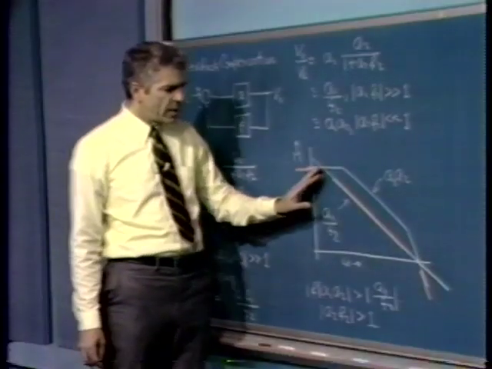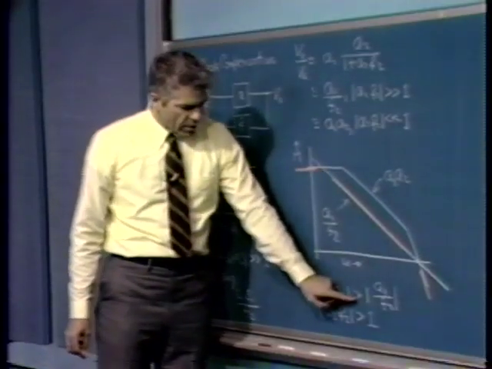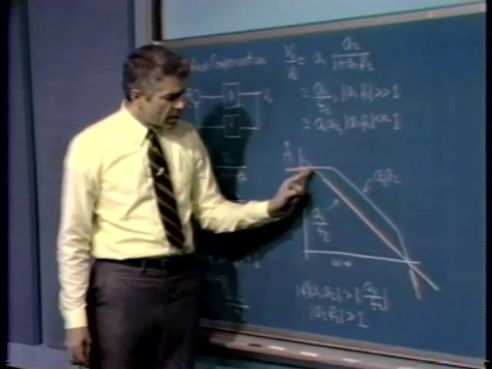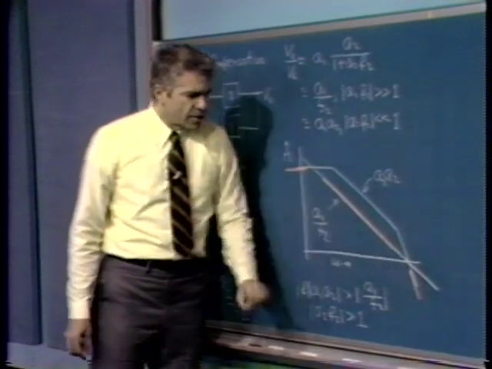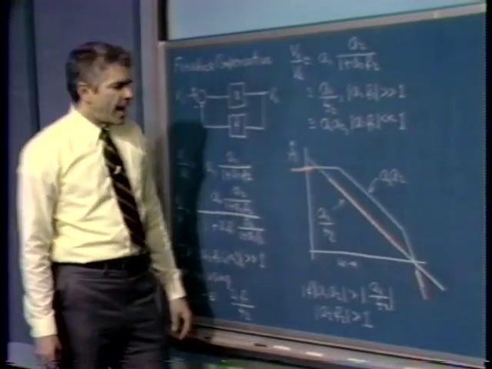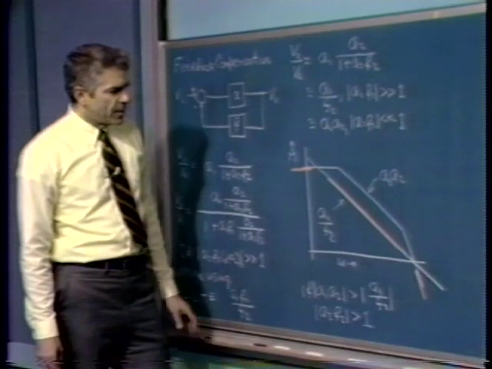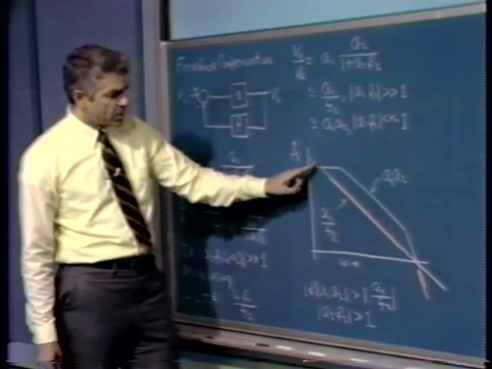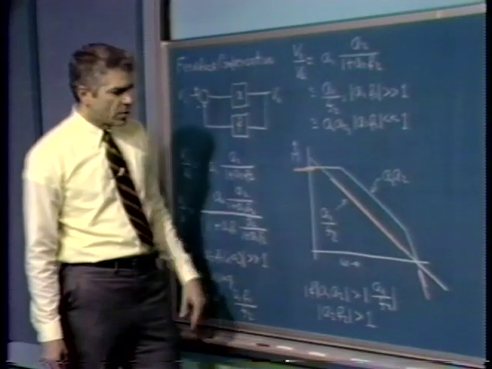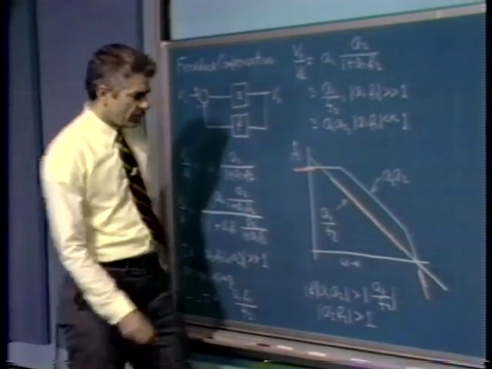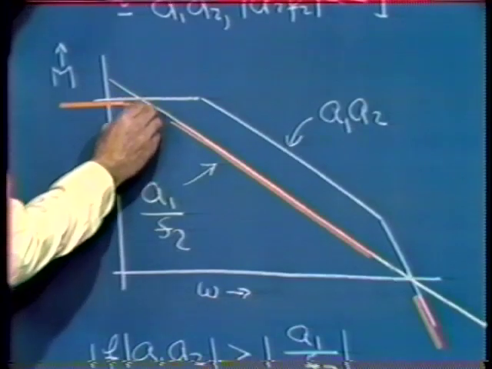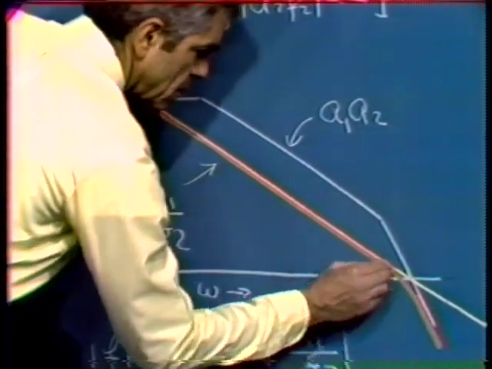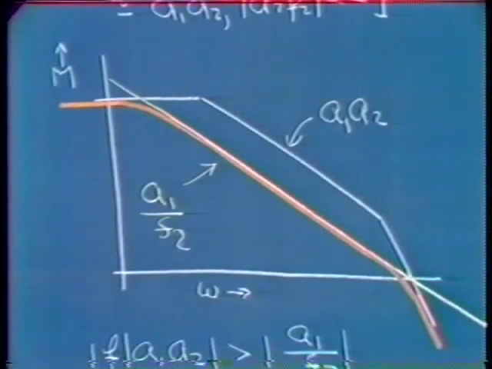We have to worry a little bit about what happens where the magnitudes are about equal. In other words, in this frequency range and in this frequency range. And if we did that carefully, we'd find that for this sort of situation, where the slopes of the two curves differ by 1 unit on logarithmic coordinates at the intersections, we get basically the usual sort of single pole matching between the two curves.